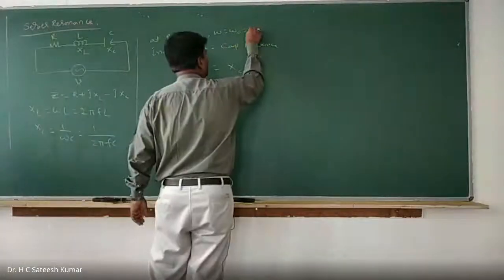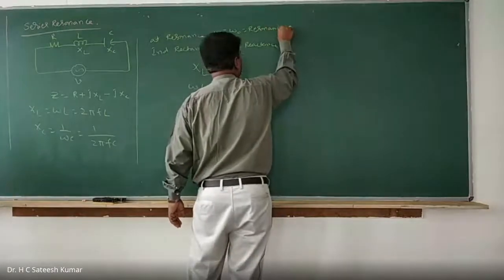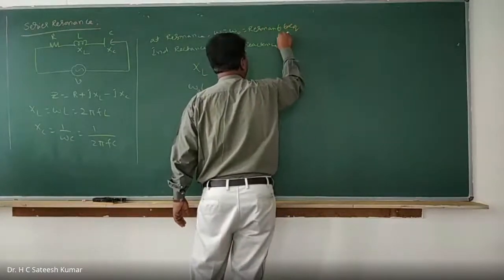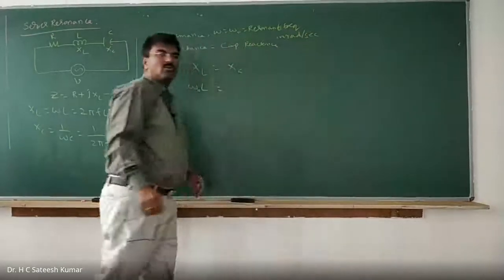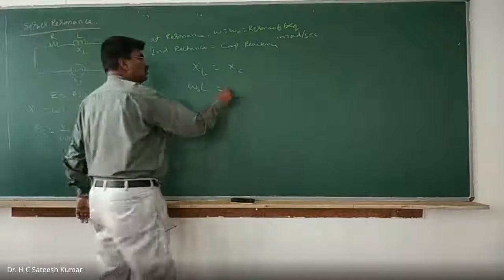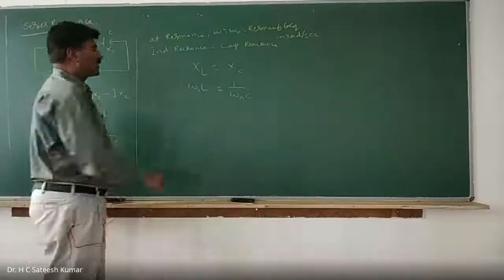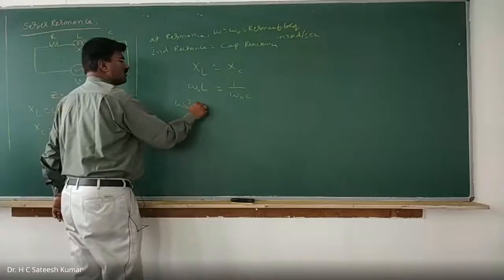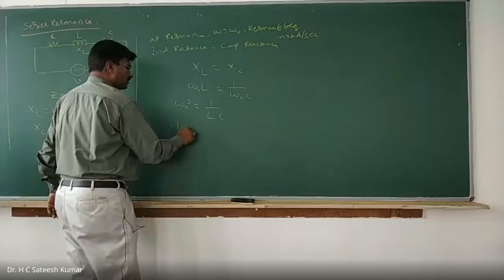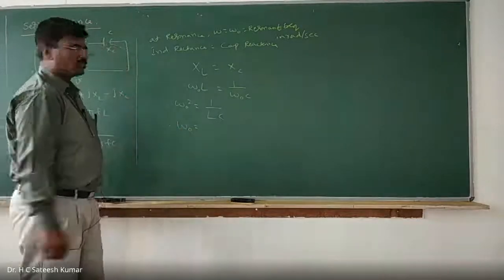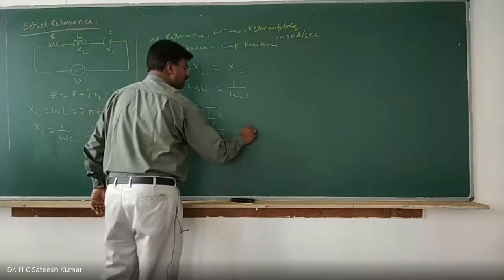Resonant frequency in radians per second, because it's angular frequency. Omega naught L is equal to 1 by omega naught C. Therefore, omega naught square is equal to 1 by LC. Therefore, the resonant frequency omega naught is equal to 1 by root LC radians per second.